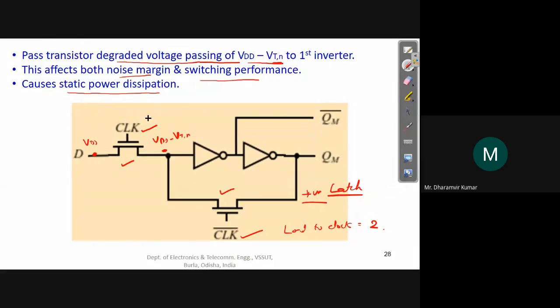So you assume clock 1, 0, 1, 0 and some D value, and for each of these cases, try to find out the value at each of these nodes, and ultimately you'll find the value of QM bar. And by looking at the relation between QM and D, you will be able to decide whether this is actually a positive latch or not.